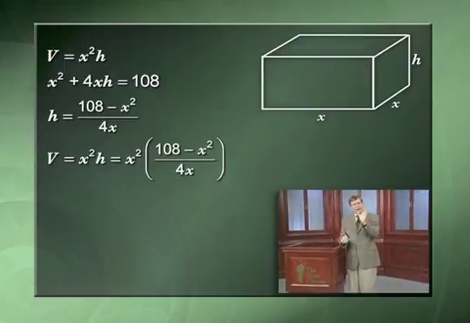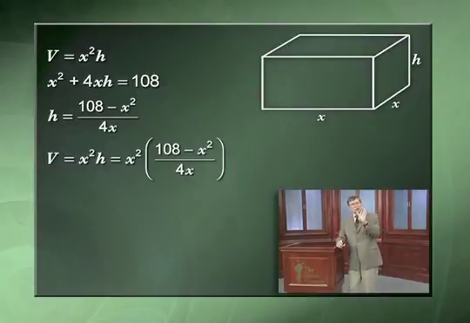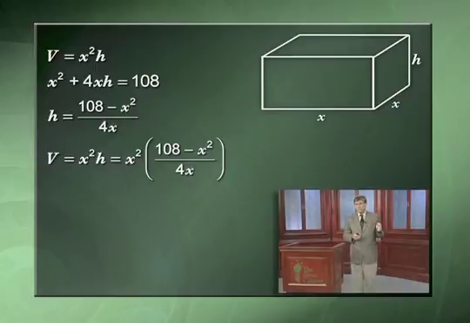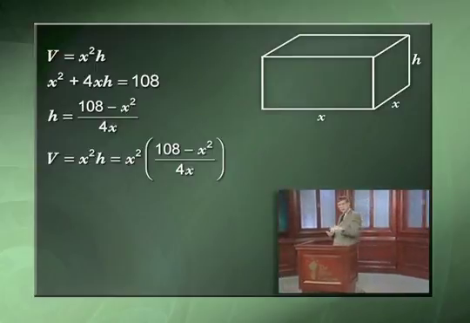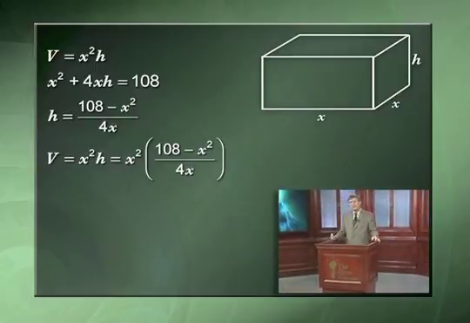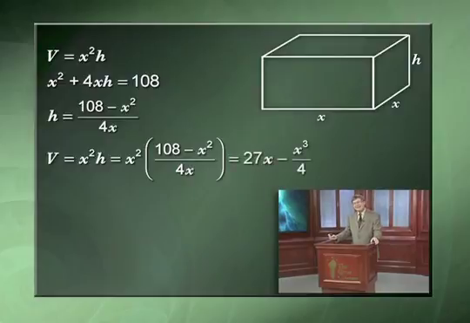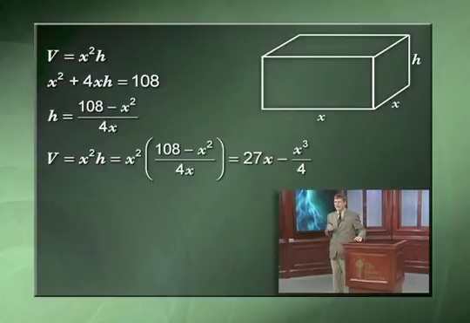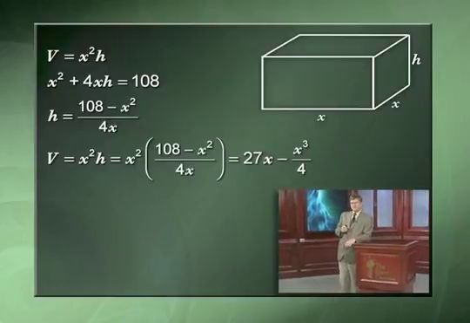When you're trying to differentiate something, look to see if you can simplify it first, because you might avoid ugly rules like the product rule or the quotient rule. So if I multiply the x squared into the parentheses, this simplifies to (27x minus x cubed) over 4. And that's what I'm going to differentiate.